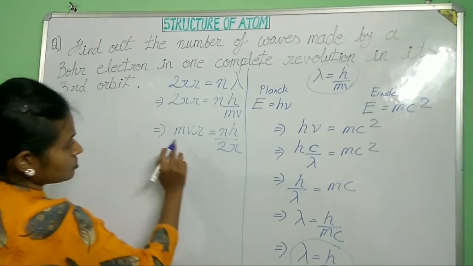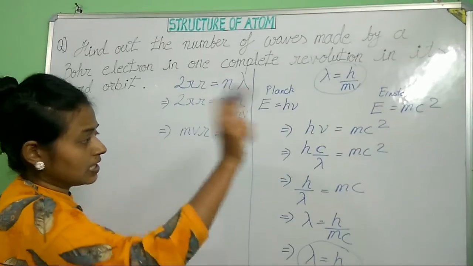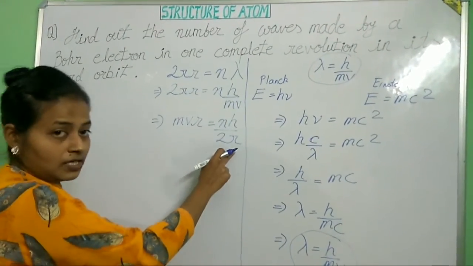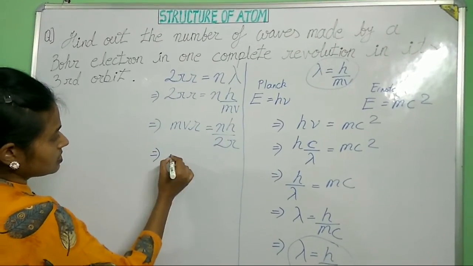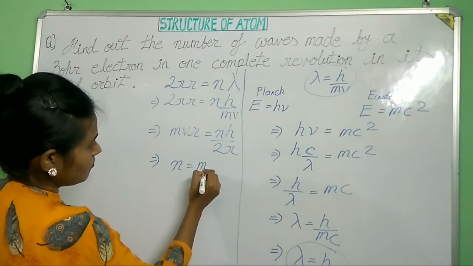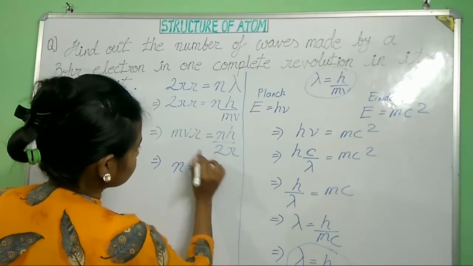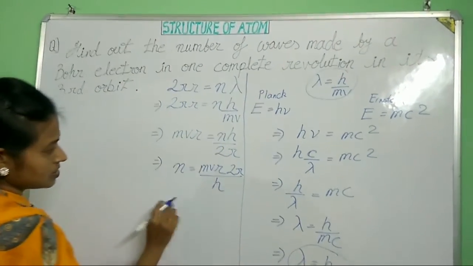So what we have understood from here is that the angular momentum of an electron in an orbit should be an integral multiple of h by 2 pi. Clear? Now it can also be written as n equal to mvr and 2 pi by h, right?